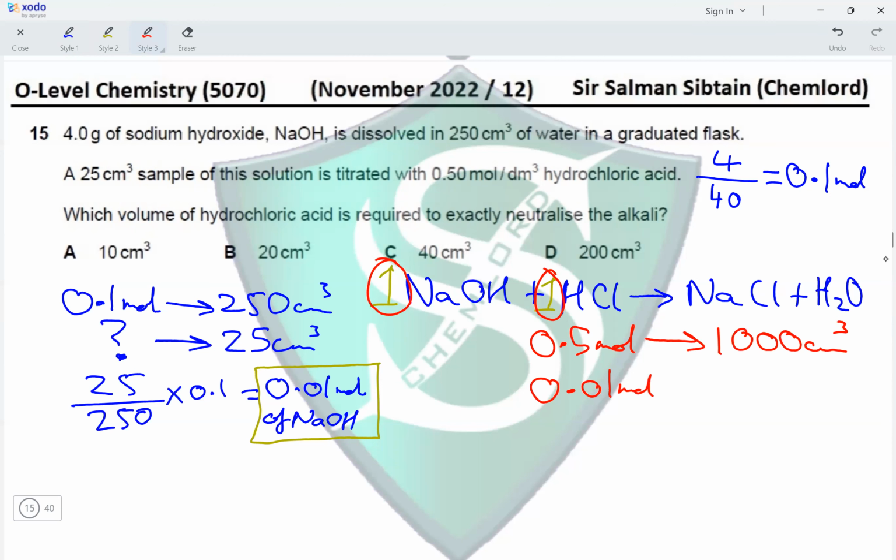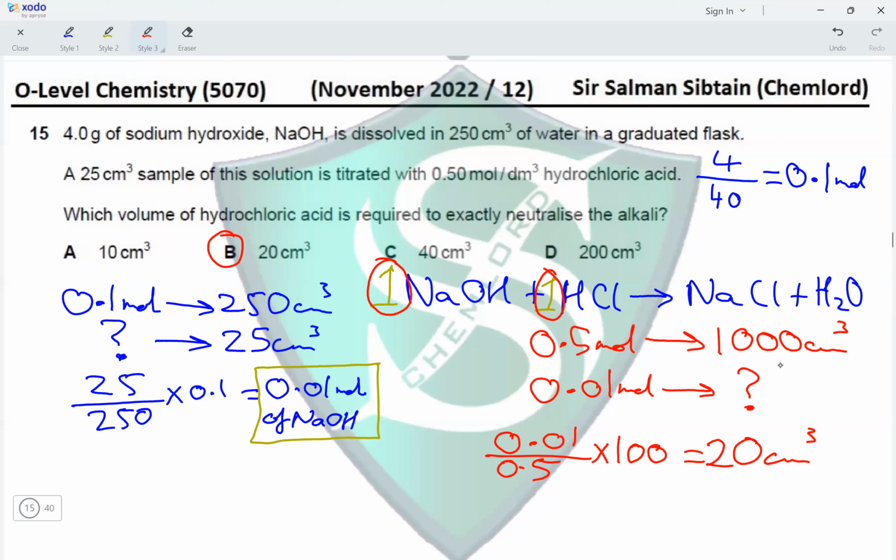So 0.01 moles of HCl would react. So if 0.01 moles of HCl reacts, what volume of HCl would contain these many moles? This would be 0.01 divided by 0.5 into 1000, and this would give us a value of 20 cm cube. This makes option B the correct option for this question.